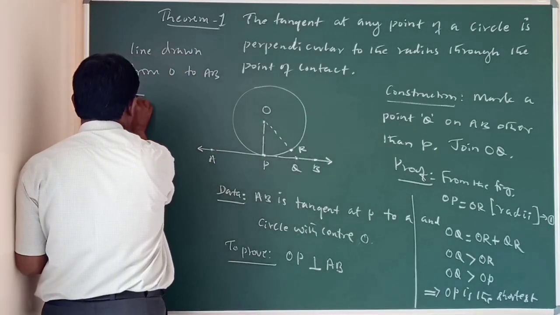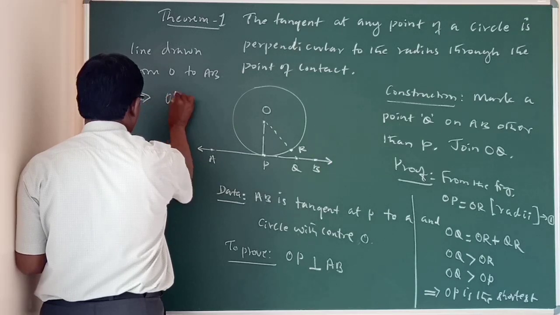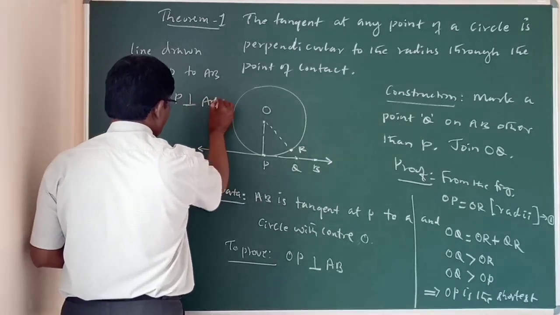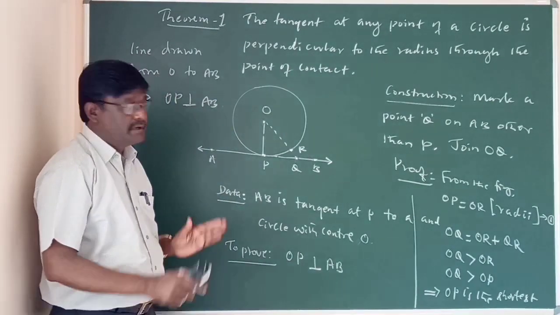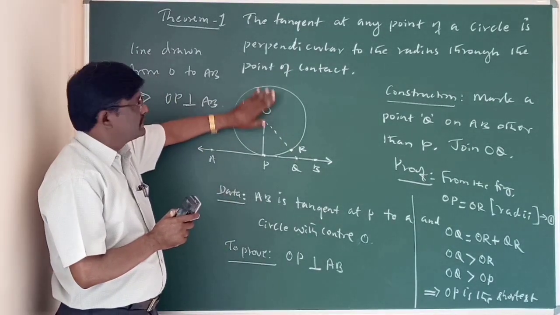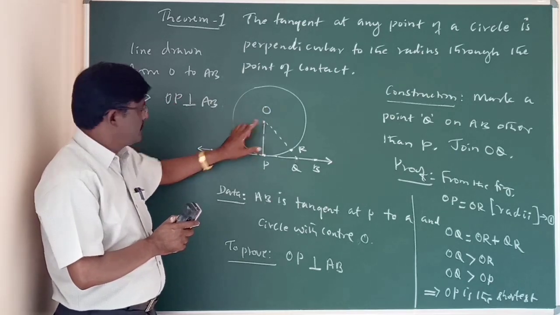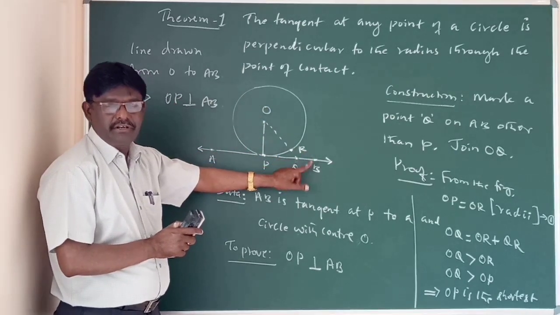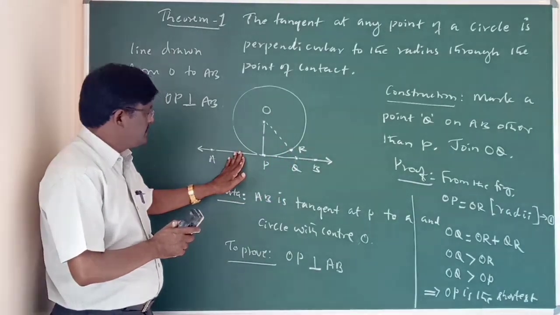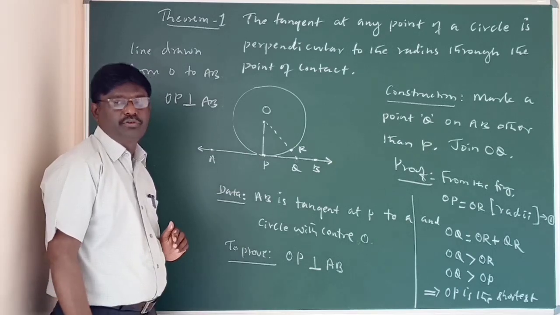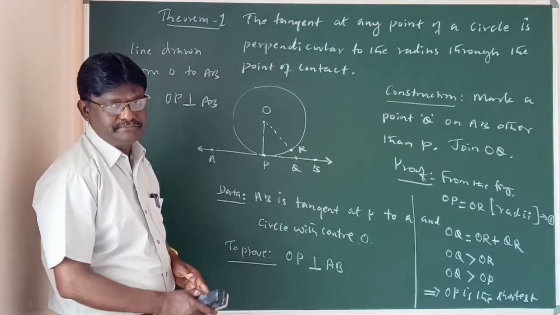This implies OP is perpendicular to AB. With respect to the given theorem, OP is the radius and AB is the tangent. Thus, the tangent is perpendicular to the radius drawn at the point of contact.